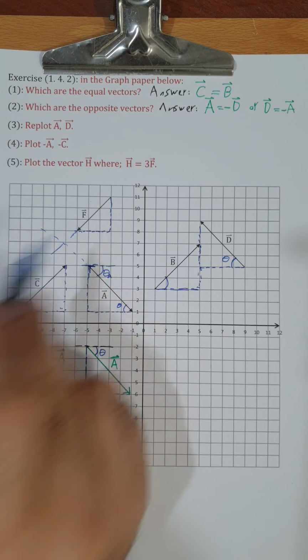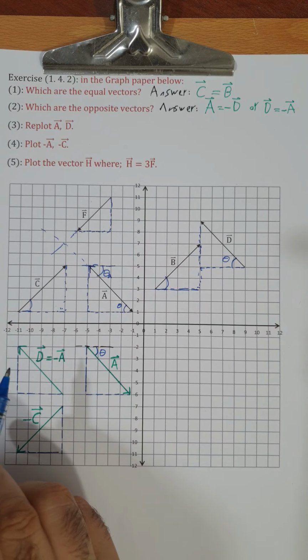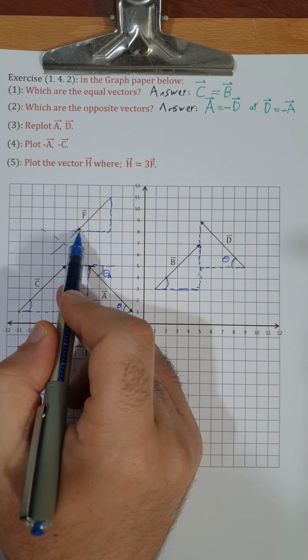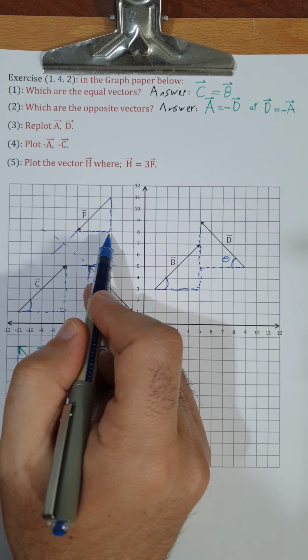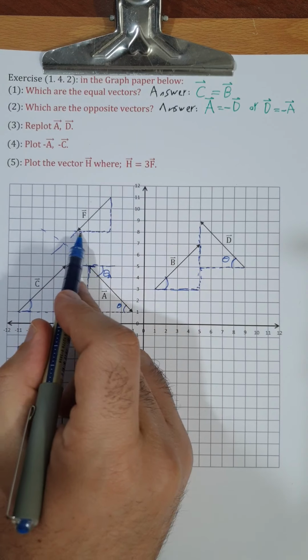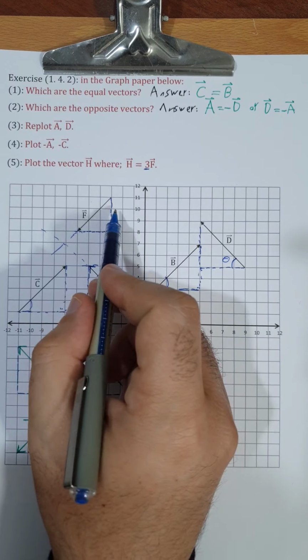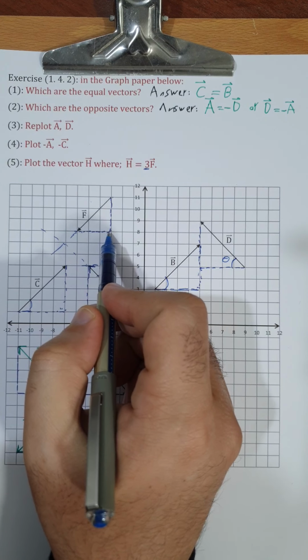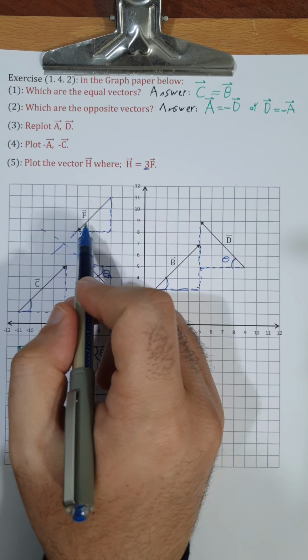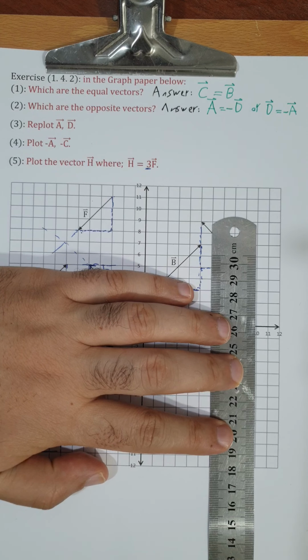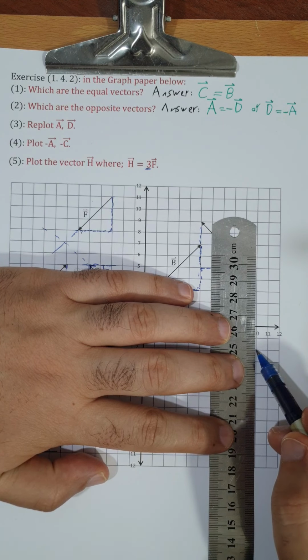So how many units should H have on both x and y-axis? 3 by 3, because it is multiplied by 3. So it should have 9 units on x and 9 units on y, going in the same direction, which is the southwest direction, as you can see. So H should have 9 units on x and 9 units on y axis.